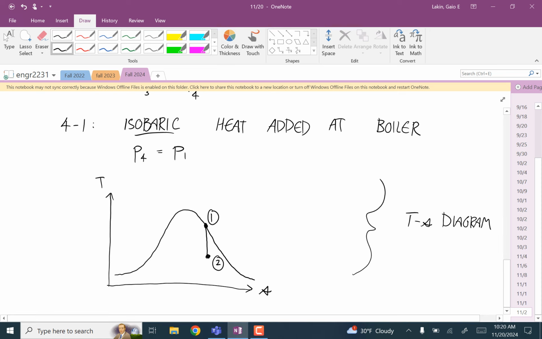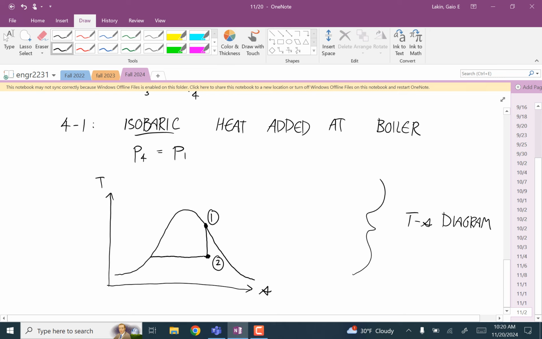Now, through the condenser, since it's a mix, here's what you know: if you keep the pressure constant for a mix of vapor and liquid, and you take energy out of it, the temperature stays the same while you just go to a lower quality.